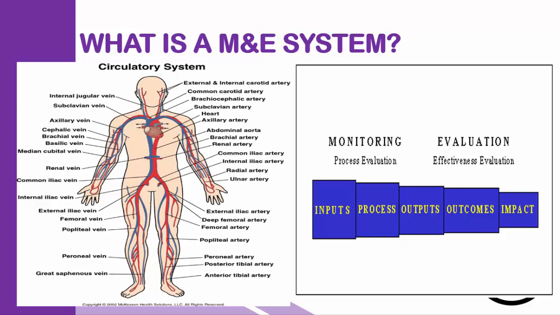I like to liken it to the human circulatory system. If you look at the image on the left, you find that as human beings, we have so many components that help us function. For us to be alive, it's because blood is continuously circulating in our bodies.